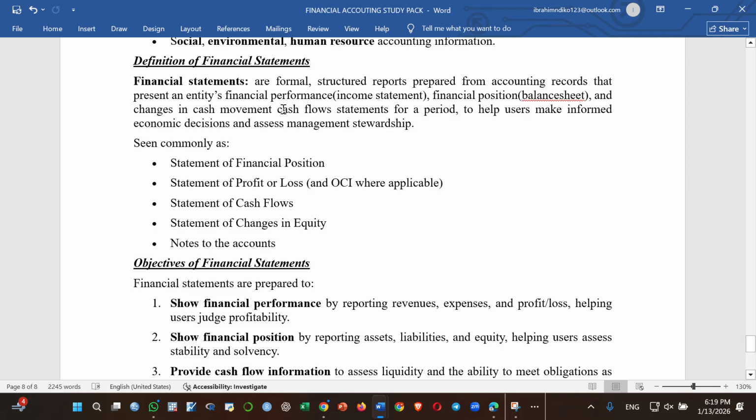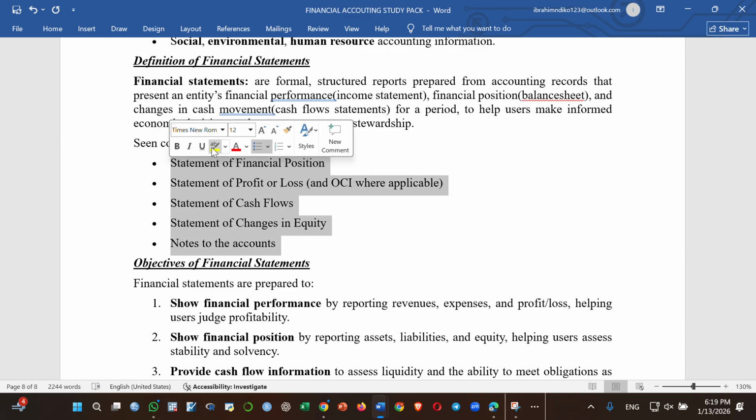And that is the cash flow statement, for a period, so as to help the users of this information to make informed economic decisions. Now, these are the examples of the financial statement.